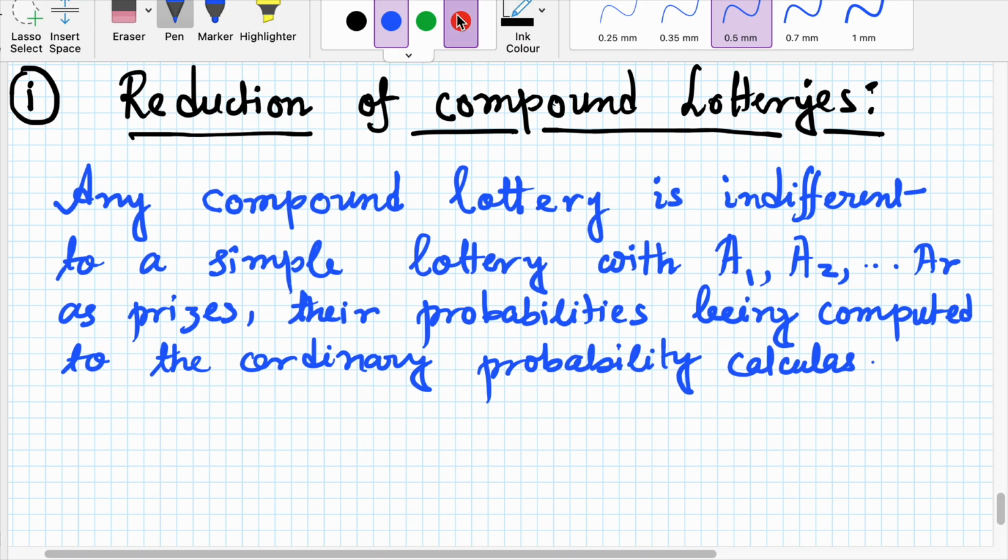So let me give you that. What does this compound lottery mean?